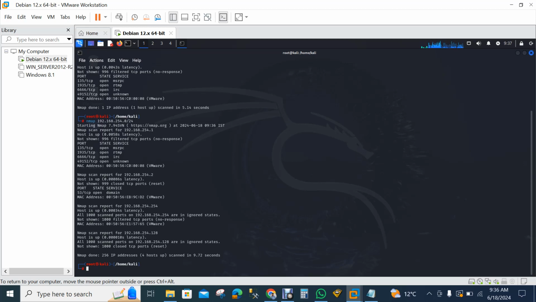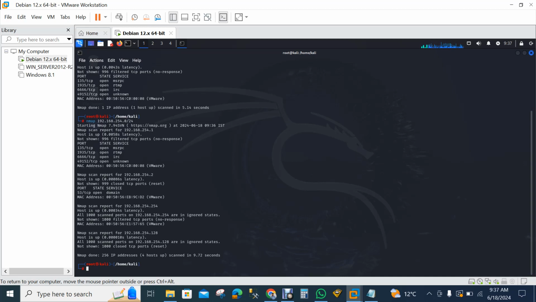Another host, number two, has no vulnerability, which is good. Here is another network, 254, no vulnerability. And we have 128, no vulnerability. So we got only four network IP addresses from here.